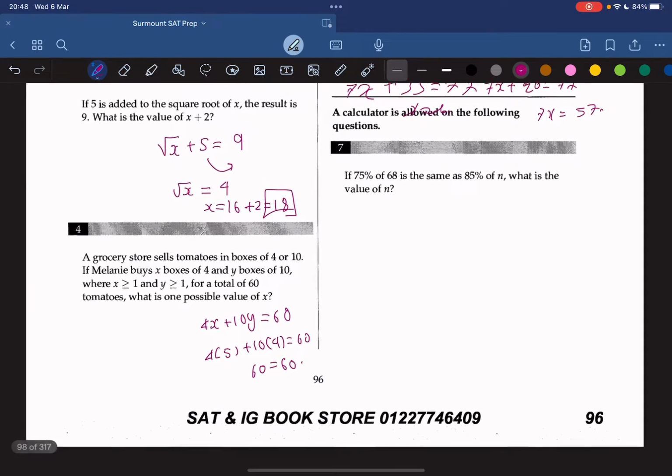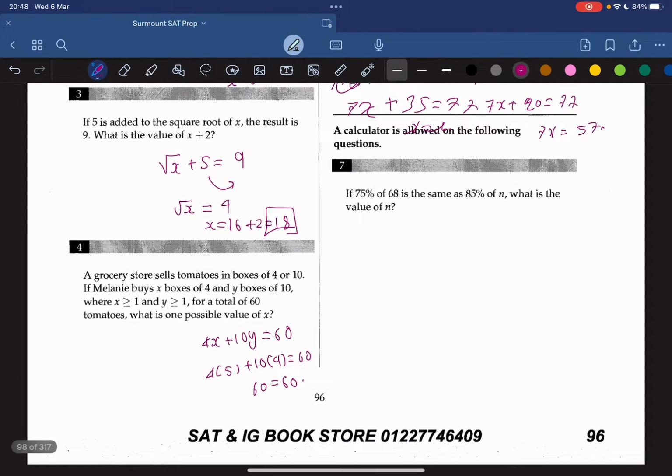If 75% of 68 is the same as 85% of n, what is the value of n? Again, what we need to do here is convert and make equations. So let's convert them into fractions first. We know 75% is 3/4, and that's times 68, and that's equal to 17/20, which is the conversion of 85%, multiplied by n.